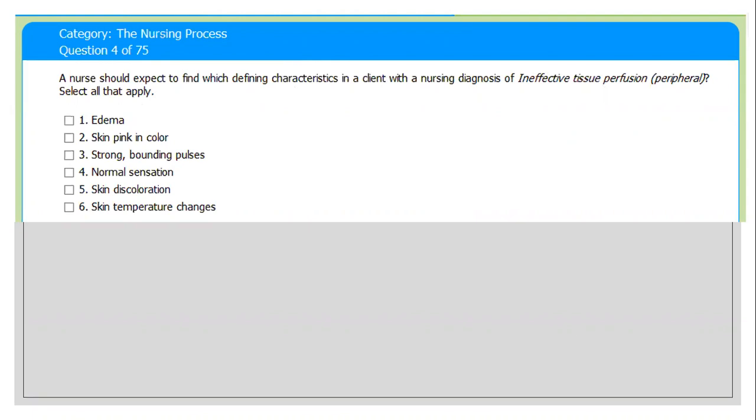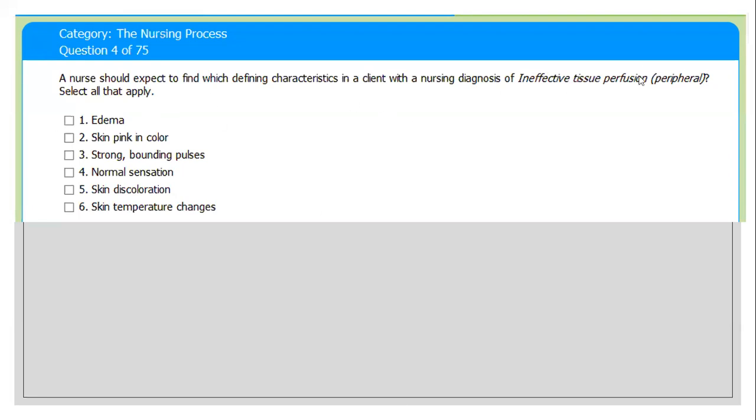So if any patient has an ineffective tissue perfusion, it means altered affinity of hemoglobin for oxygen or decreased hemoglobin concentration in the blood. This is the factor. Or like hypovolemia, right?